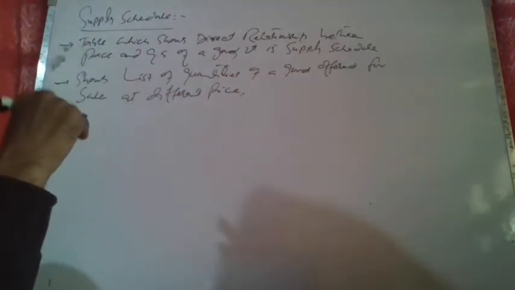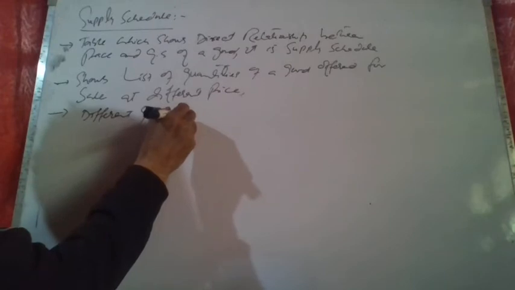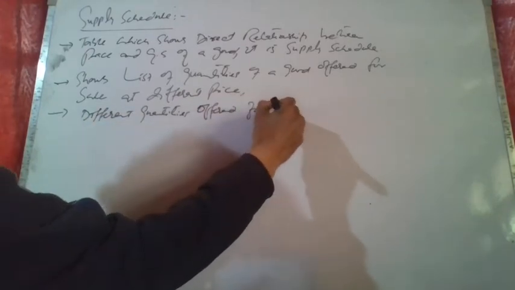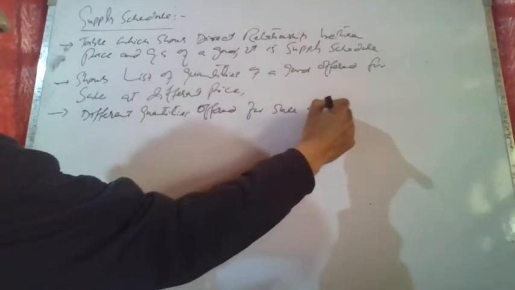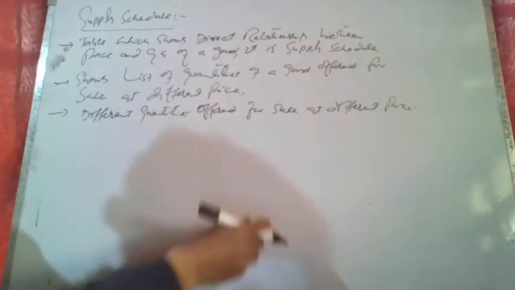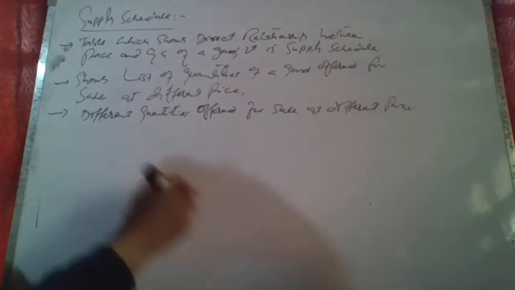So supply schedule shows different quantities of a good offered for sale or supplied by the suppliers at different prices. Thus, it shows a direct relationship between price and quantity supplied.